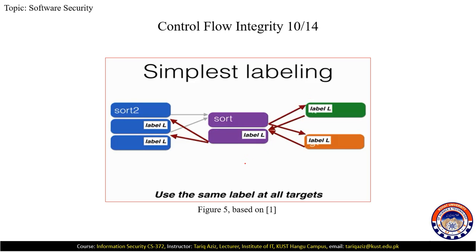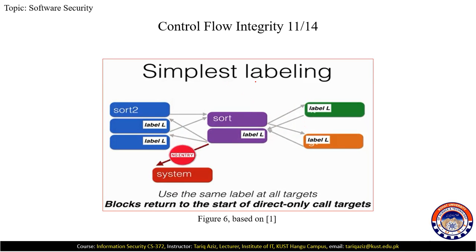With respect to indirect call, we used label L, and this is also label L, because the sort function is calling GT and LT, so label L. Correspondingly, values will return from GT and LT, so label L. Then where these values are returning at this stage, label L. This value is returning here, so label L. So we represented indirect calls with labels. We put labels here, but this is a simple labeling.